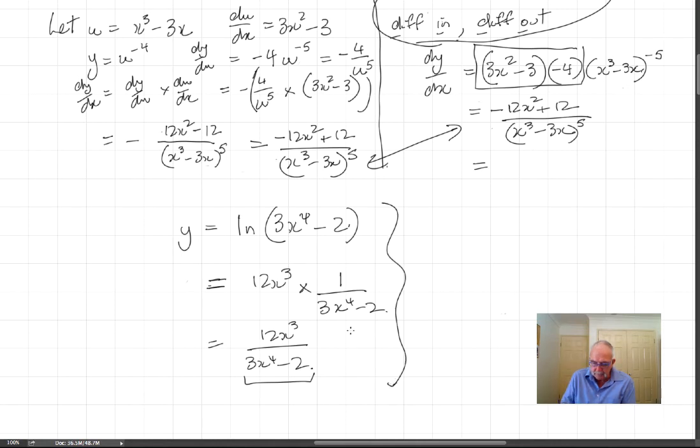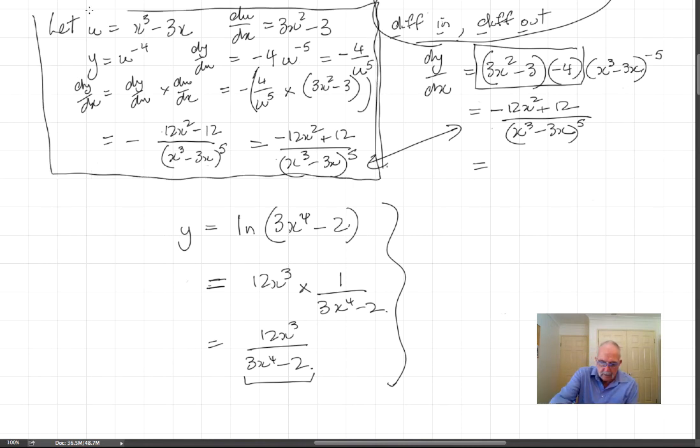Makes it much easier, but it's not going to be easy if you get the wrong answer. So if you're not confident with knowing how to use diff in, diff out, stick to the chain rule using a little bit longer, but you will always get the right answer if you apply the rule properly. So don't feel as though you have to use a shortcut with the chain rule.